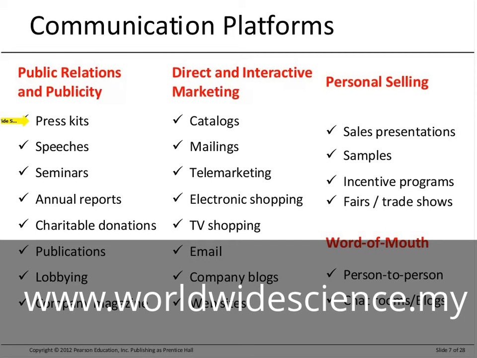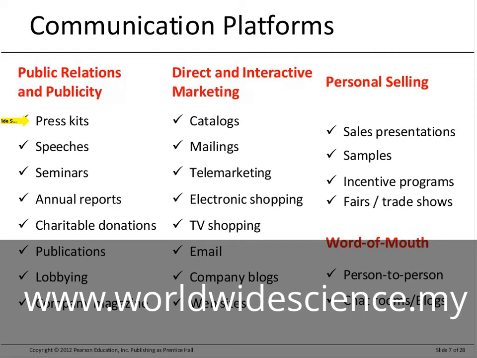And also very good is the announcement. For example, you can send something to your customer's mailbox about a new festival, new conference, new exhibition, or new fair. There is also electronic shopping, very common these days.